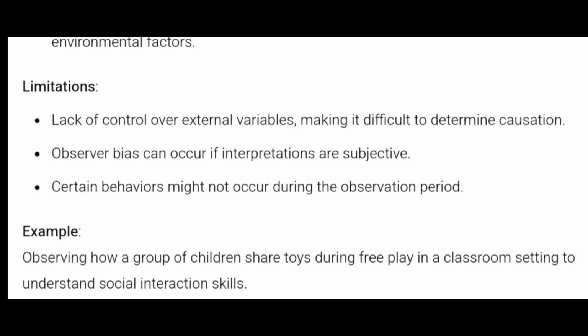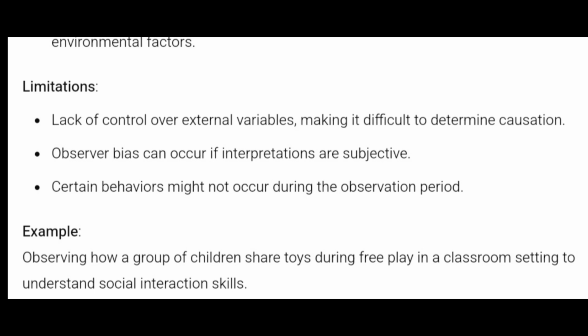Observer bias can occur if interpretations are subjective. Sometimes the observer can be biased. Bias means what? I already taught you in the previous unit. Bias means to support somebody, right? Suppose you are studying one child of your class, then you might be biased towards him or her. You might say she is very fit physically, she is very brilliant mentally, and she is very social and emotionally mature.